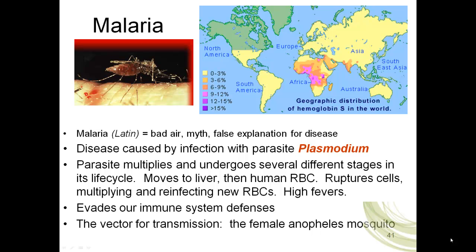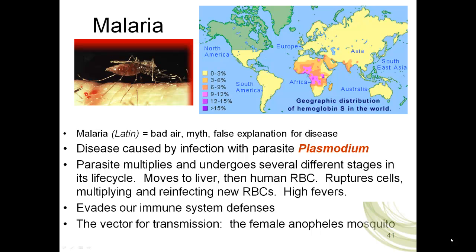Now, let's talk about malaria. Malaria, of course, you're seeing the vector for malaria. It is one of the phases for this plasmodium is that it goes from human into an insect vector. So the parasite multiplies and undergoes many different stages in its life cycle.